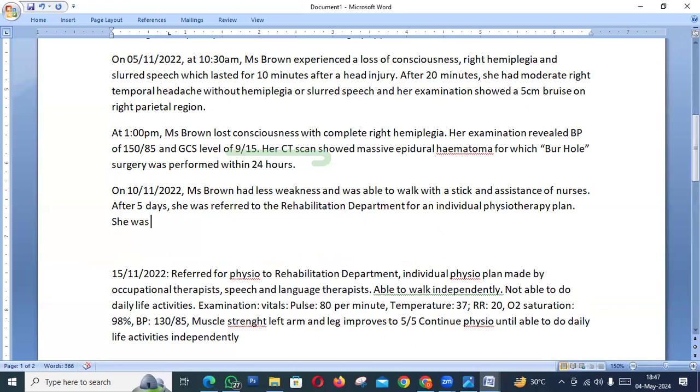She was able to walk independently, because I now want to add that her daily life activities are important, okay? She was able to walk independently, but needed assistance in her daily life.